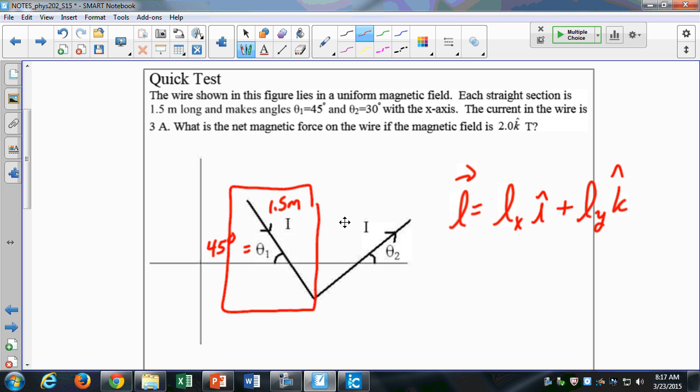So I want to figure out what are the x and the y components of L. And then I can figure out what is the magnetic force on this wire. Sorry, I wrote k there. It should be j.